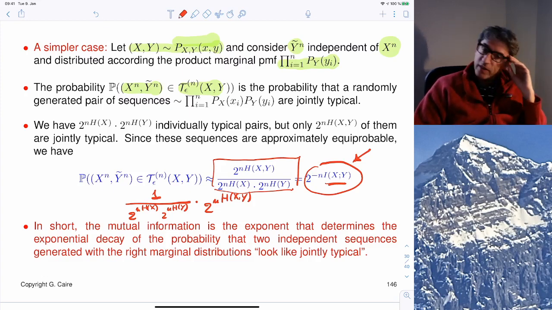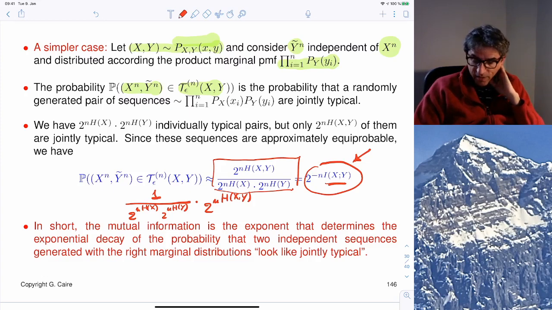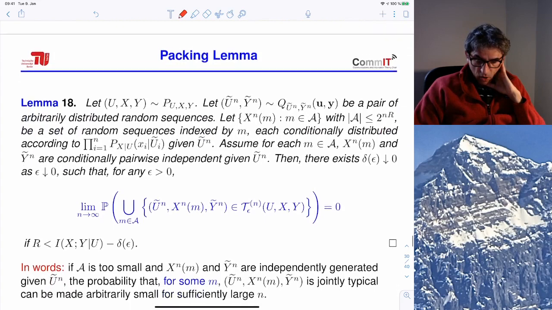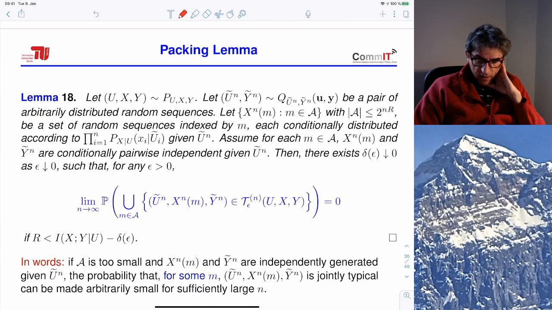But if x and y are strongly dependent, their mutual information is large, we see that this probability goes to 0 very quickly when n becomes large. It goes to 0 exponentially fast according to the mutual information. So, okay, this is the intuition.